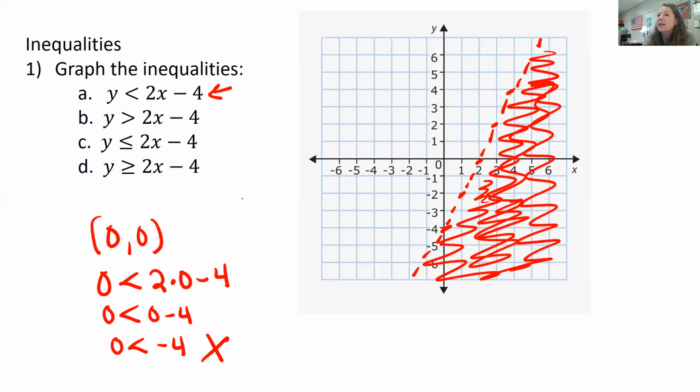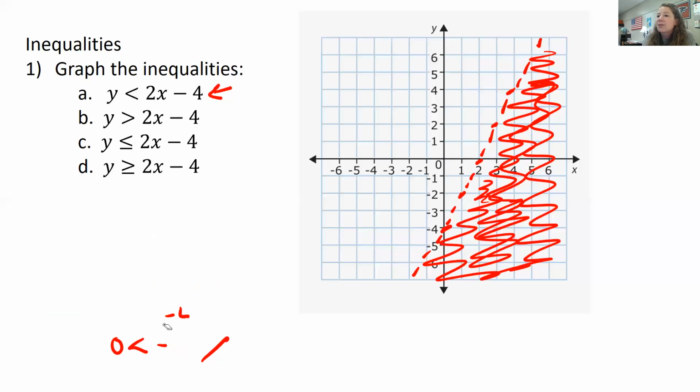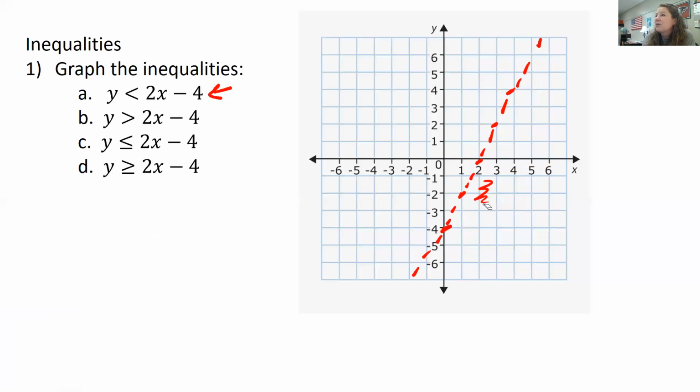All right, so look at letter B. How is letter B going to look different than letter A? Well, the numbers are all the same, so the line looks the same. The difference is we're not shading below anymore, because now our inequality sign is greater than. If you have an inequality sign of greater than, you're going to shade above the line.